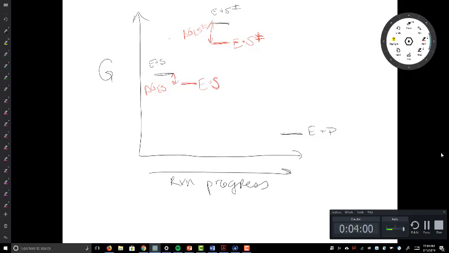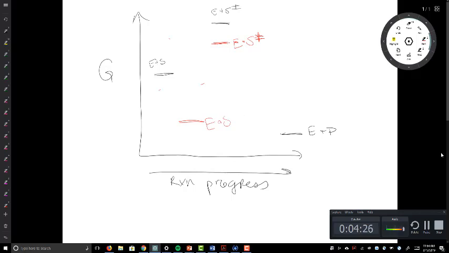Now that may be a little bit confusing for you still. So if you're still confused, we're going to think about it in a different way. So let's say that we have a case where the enzyme really, really likes the substrate. Oops, get rid of that double dagger because that's the substrate.